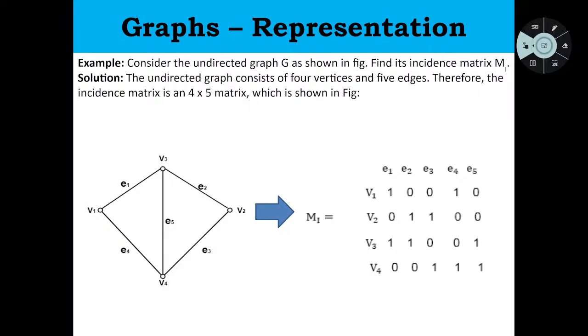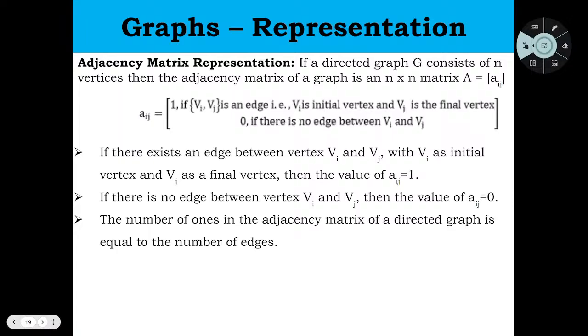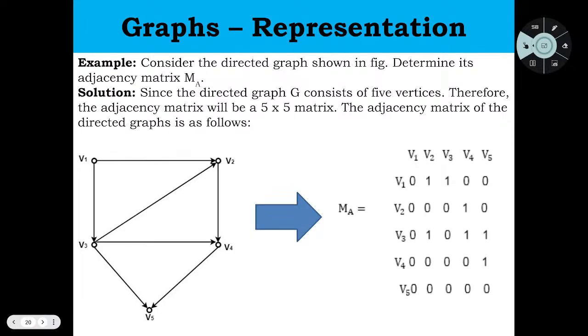Go to the next one. The same is represented here. Take down this one. Consider the directed graph. Now write down this one. Consider the directed graph. Determine the adjacency matrix of the graph.